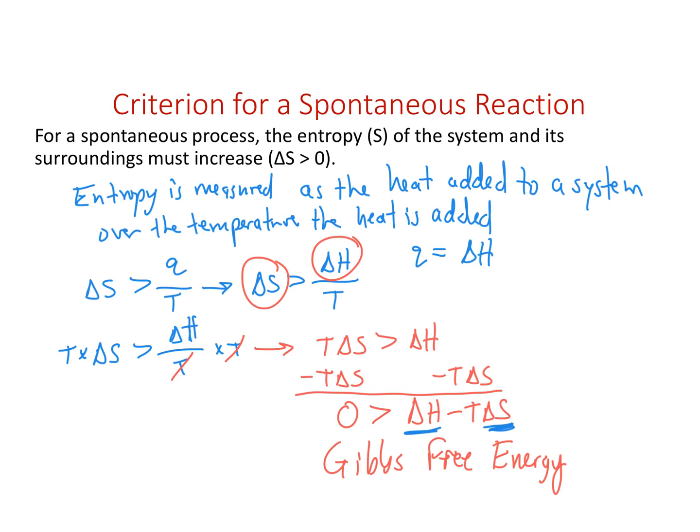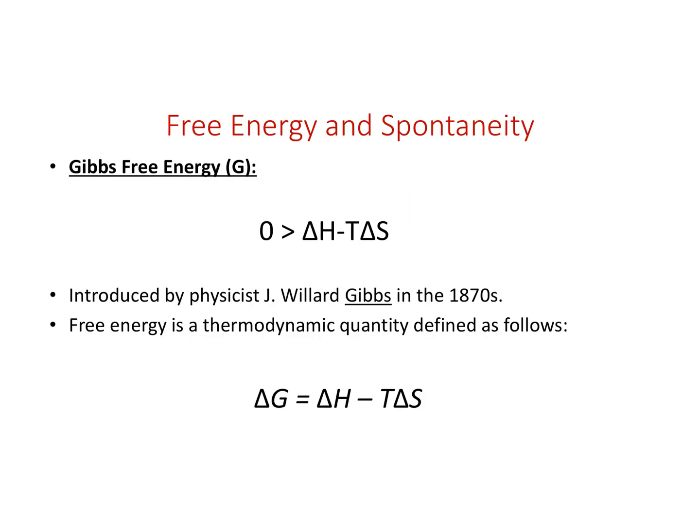So taking a look at this equation again, all this means is that 0 needs to be greater than delta H, the enthalpy of the reaction, minus the temperature times the entropy of the reaction. So now we're talking about the free energy, and we're looking for something that needs to be less than 0, because 0 is greater than that for a spontaneous process.